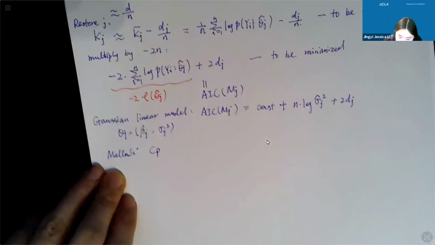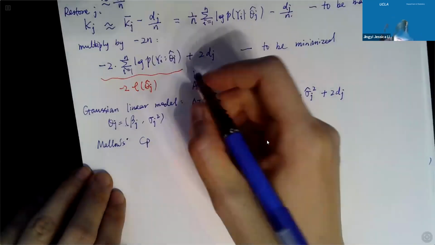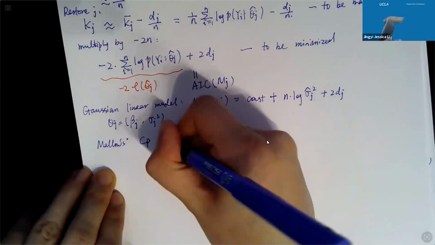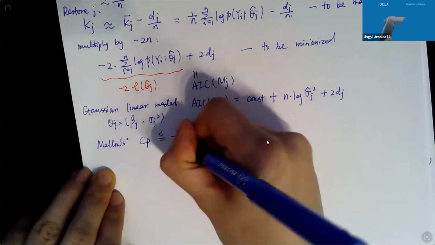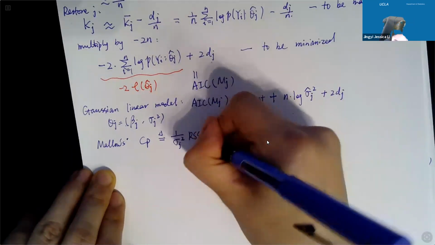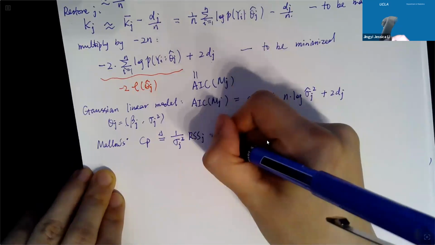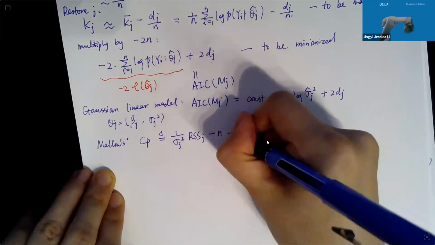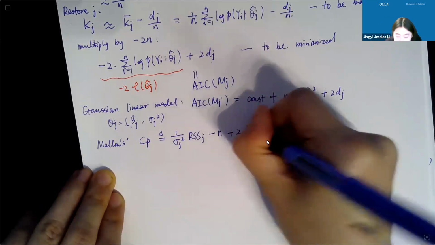It's criteria specific to the Gaussian linear model, and it is defined as 1 over sigma j square RSSJ minus n plus 2 times dj.